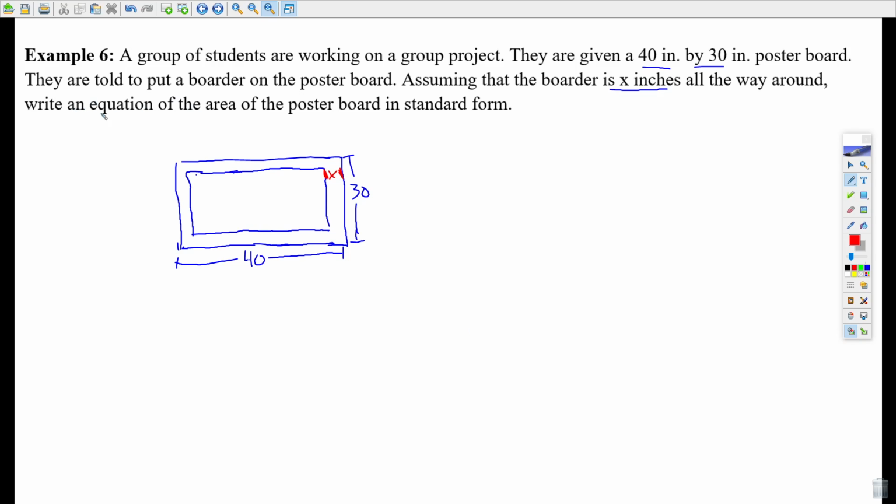We're going to find an equation for the area of the poster board. So let's think about area of the poster board is going to be, again, length times width because we have a rectangle. So what is the length? Let's see. How long is it? Oh, wait, what are we trying to find?